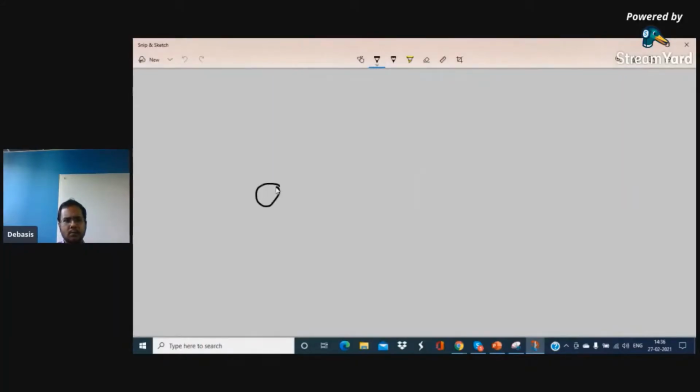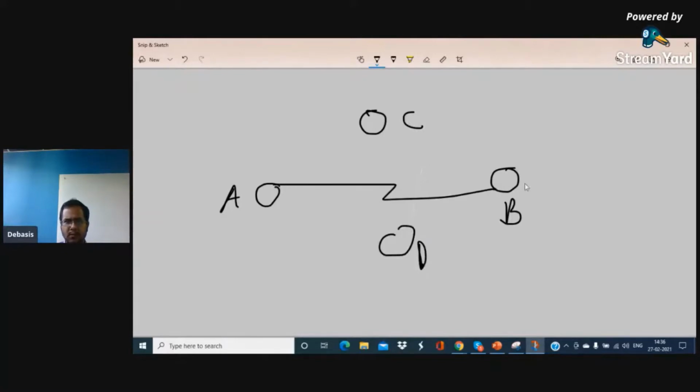This is location A, location B, location C, and D. Here, your objective is to go from A to B. Now the path can be through C, also can be through D.